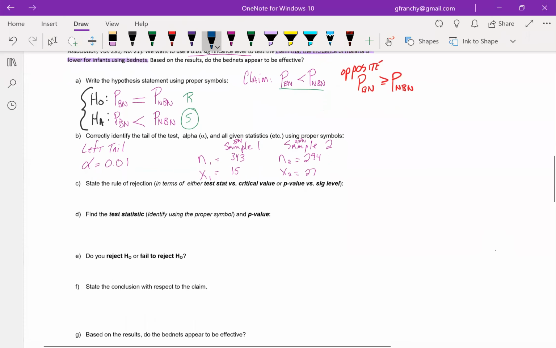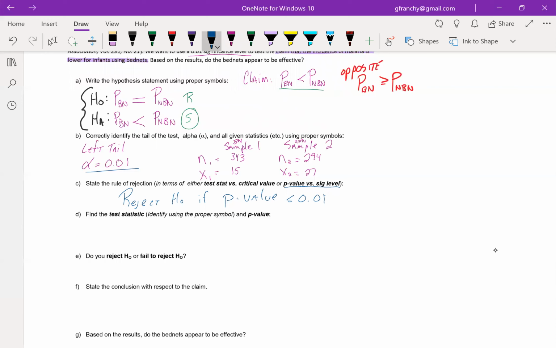To go ahead and write our rule of rejection, I list both options, but I'm always using the p-value versus significance level, which means we're going to write the rule of rejection as reject null hypothesis if p-value is less than or equal to our alpha level, which was 0.01. Now we're ready to head over to StatDisk to get our test statistic and our p-value.